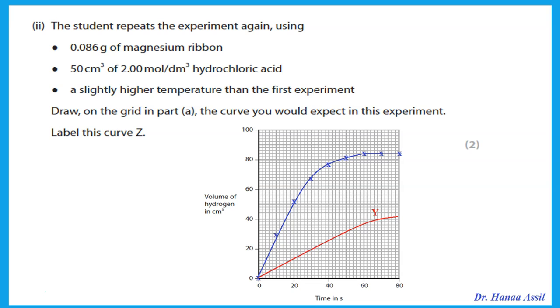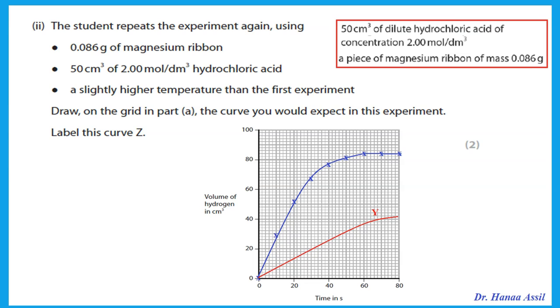So I'm using basically the same thing as that first blue curve that I have, but I'm doing it at a slightly higher temperature. So we're using the same amounts of acid and magnesium, but at a higher temperature. What would the graph look like? You should know. Higher temperature means faster, means steeper curve, so above my blue curve.